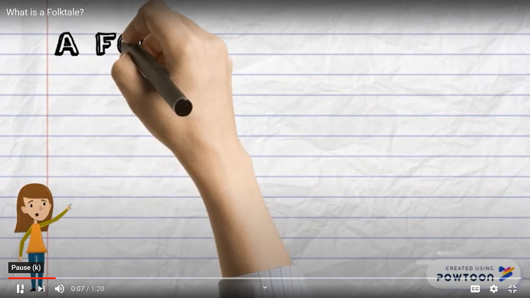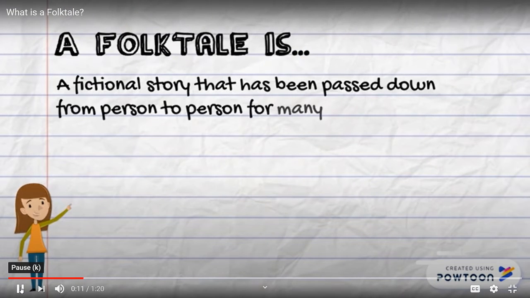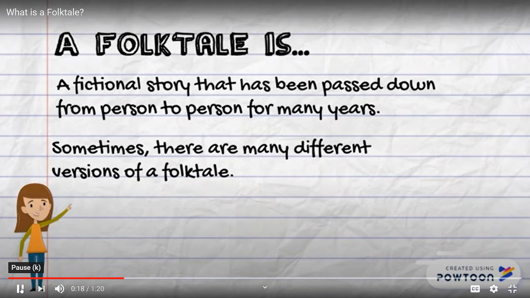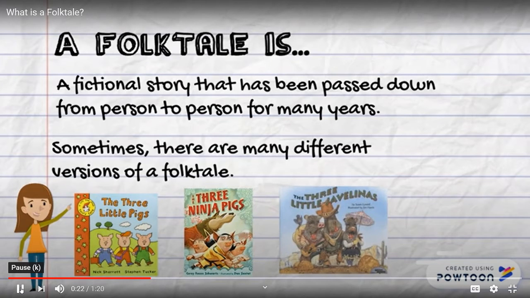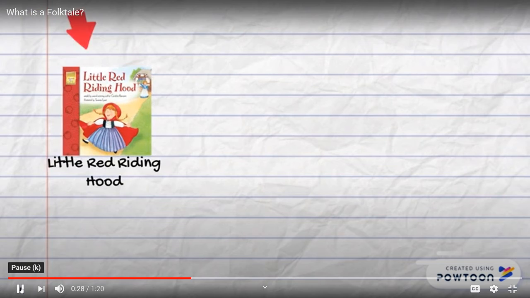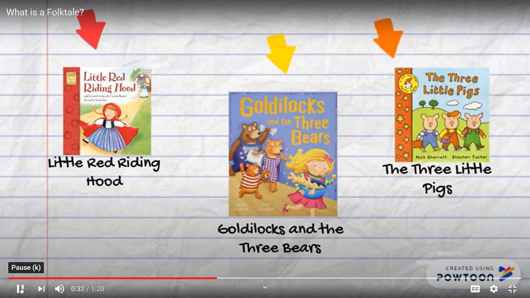Today we will learn, what is a folktale? A folktale is a fictional story that has been passed down from person to person for many years. Sometimes there are many different versions of a folktale. You may have read these folktales before. Little Red Riding Hood, Goldilocks and the Three Bears, and the Three Little Pigs.